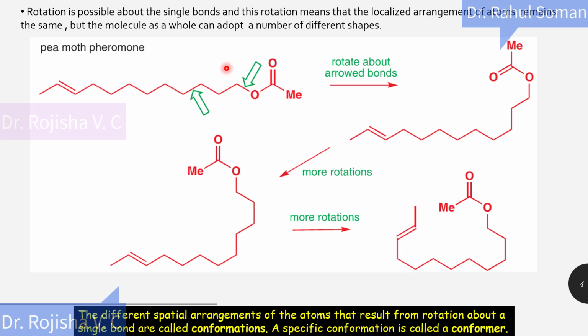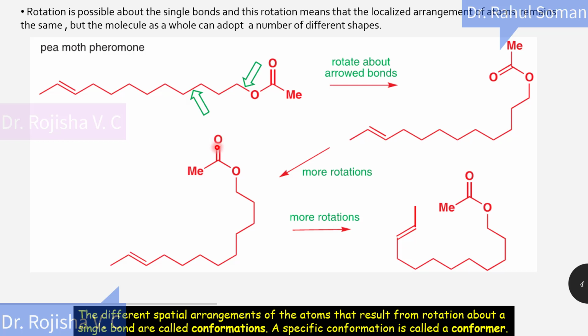This is a pheromone molecule, and if you rotate along a C-C bond, we can have different structures. This arrow is put there, and if you rotate along that C-C bond, one conformer is this, one conformer is this, and one conformer is this.